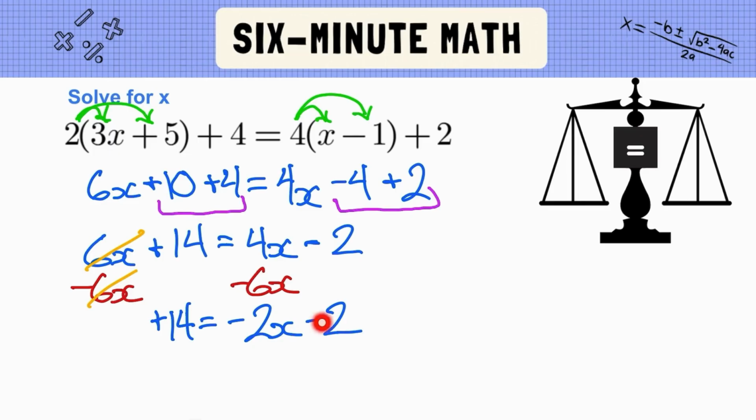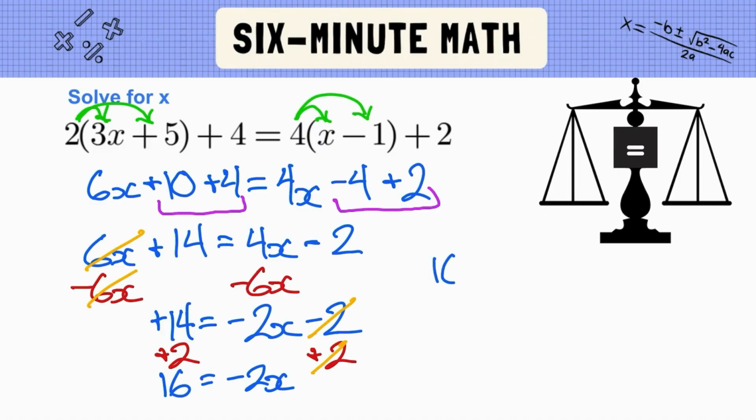I now need to get rid of this negative 2 because I want my variable by itself. So I'm going to add 2 to both sides, which will leave me with 16 equals negative 2x because my negative 2 and positive 2 cancel out.